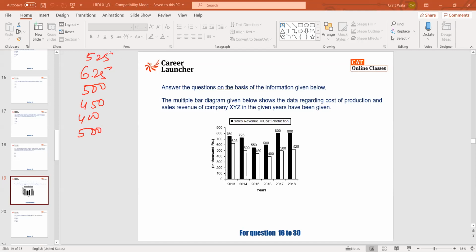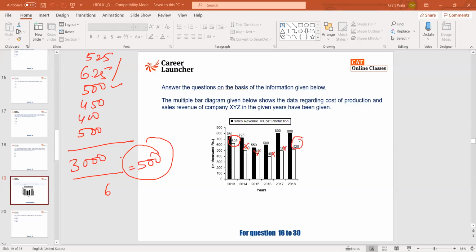So if I add these, 1150 plus 500, 1650, 1700, 2100, 3000 is the total. This divided by how many years are there? 6. So the average is coming 500. Now how many of them are more than 500? This is more than 500. This is equal to, so not counted, not counted, not counted. This is again more. So in how many years are they more than 500? 2 years. So in 2 cases they are more than 500.